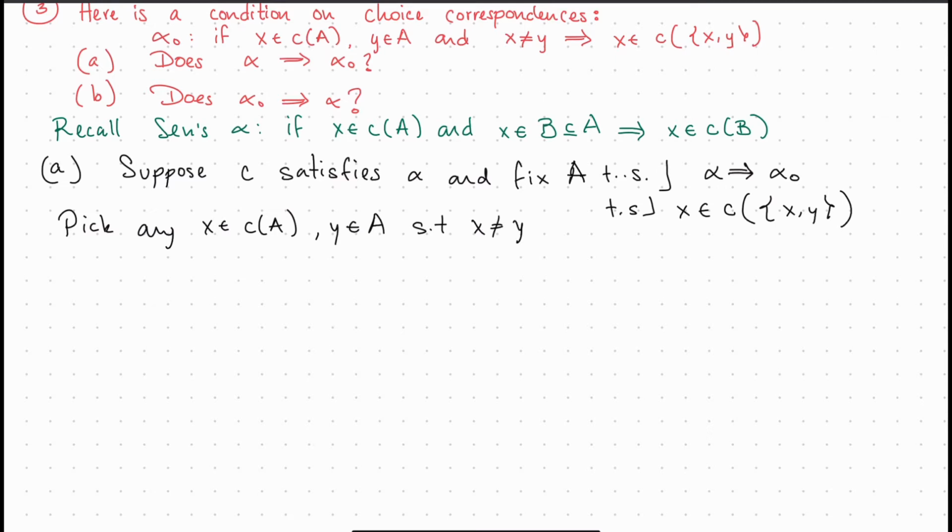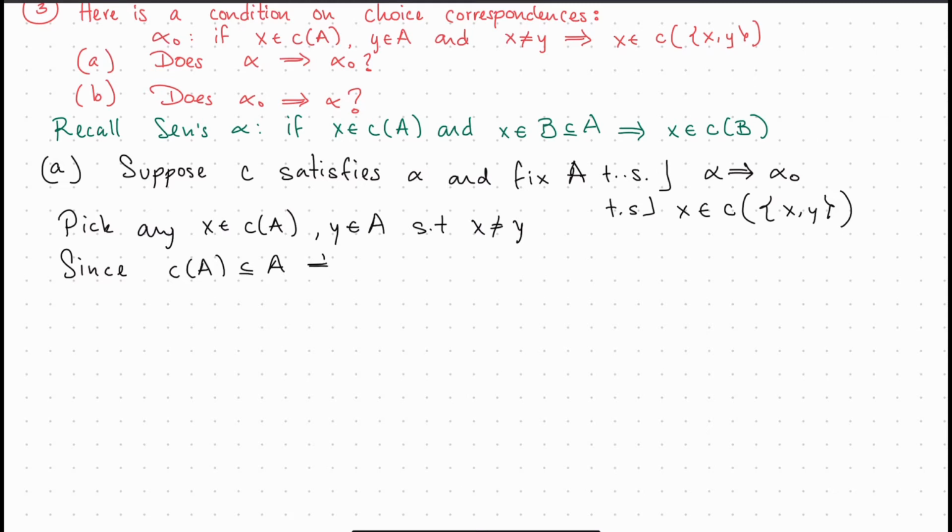Since this is a direct result of choice theory, the choice correspondence must be a subset of the alternative set.